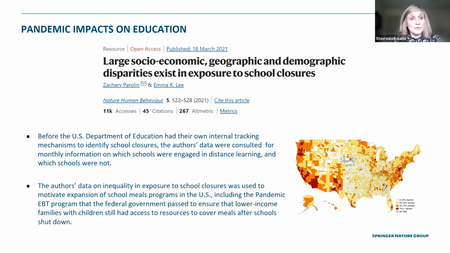I've touched upon health impacts and impacts on the economy, but the pandemic has affected every aspect of life. The authors in this paper looked at inequalities and disparities in exposure to school closures in the US. They tracked throughout the US the rate of school closures by district, including information on socioeconomic status and other related variables.